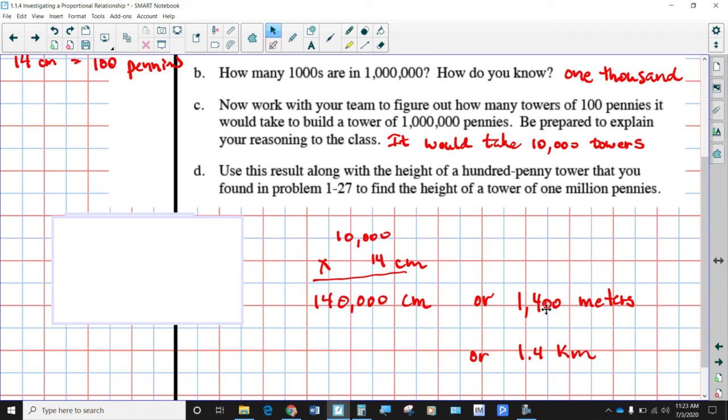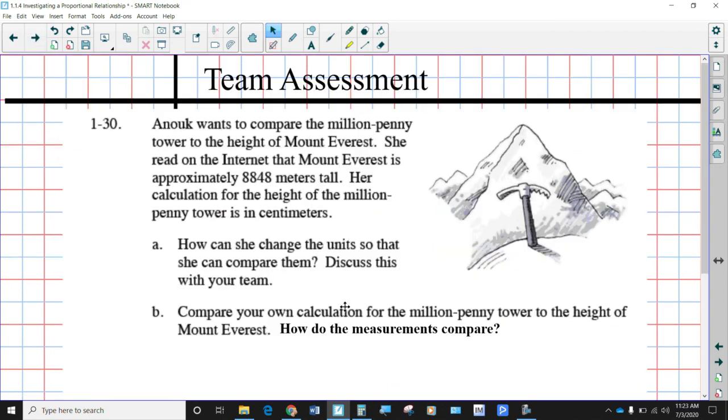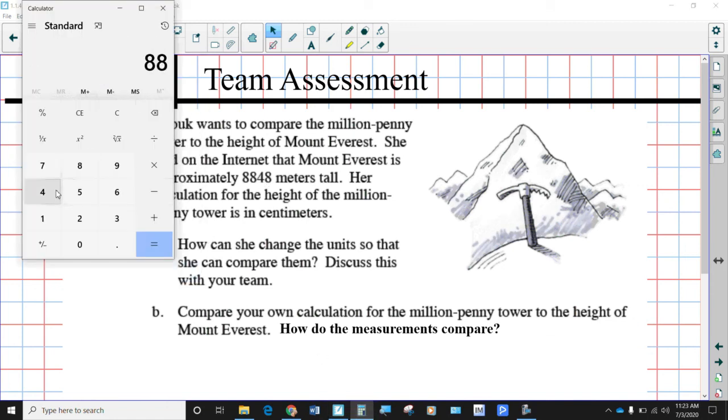So how many of these can you fit into 8,848? I will use my calculator for this. 8,848 divided by 1,400 means Mount Everest would be like between 6 and 7 million penny towers. If I actually didn't round, well, let's take it to 1,400.